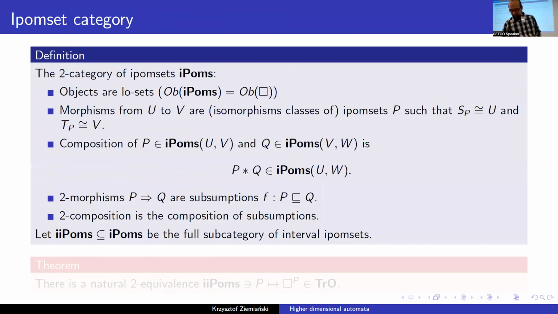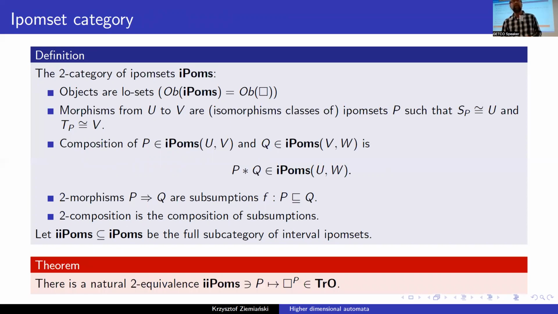And finally, we can define the two-category of ipomsets using this operation of concatenating posets and subsumption. And finally, this mysterious category of track objects is isomorphic to the category of ipomsets, which is described in this relatively accessible way.